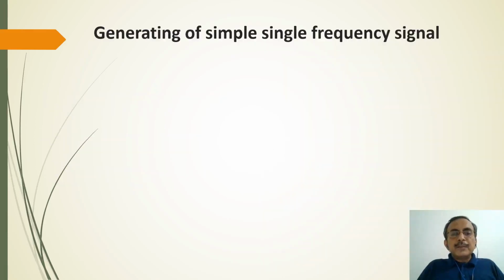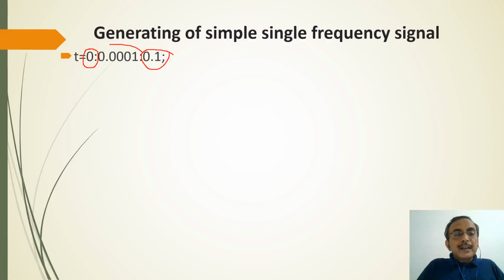Once we have understood the signals, let us try to generate some of those simple signals using the Scilab. The simplest form of the signal is a signal having a single frequency, which is a sine or a cosine function. In order to generate that signal, first of all, we have to define what the starting time for that particular signal is and what the end time is.